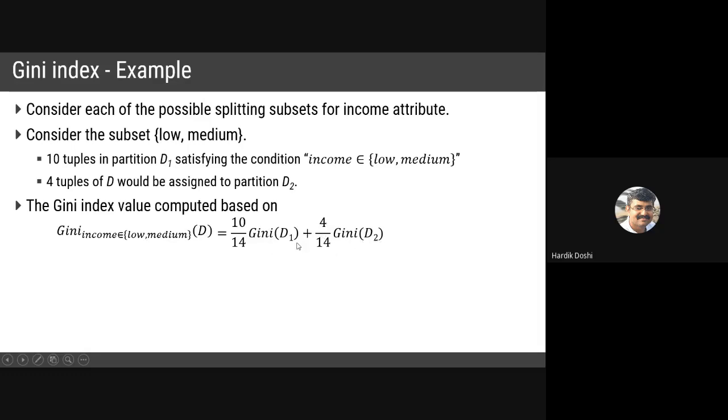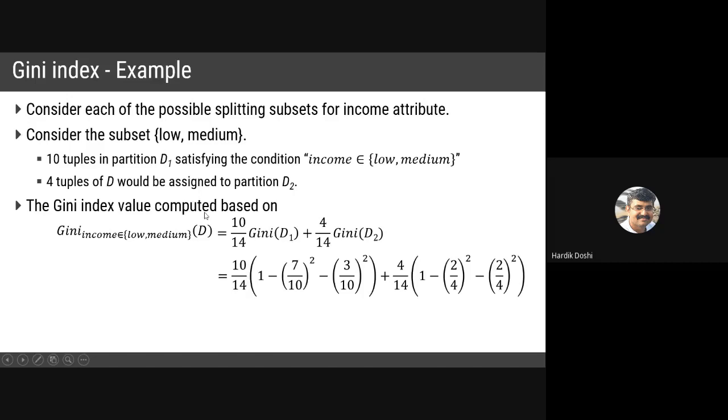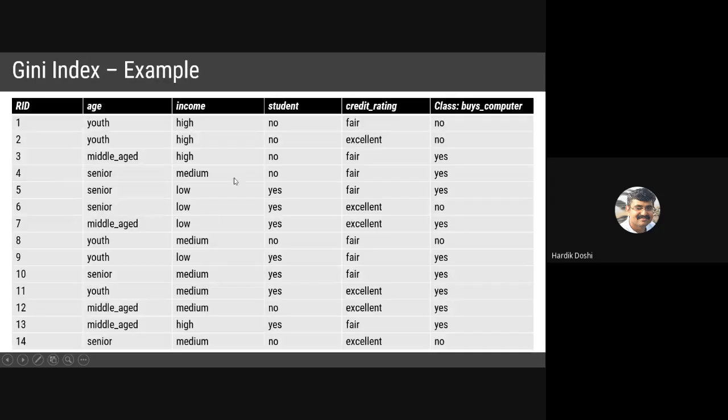Now please tell me, what will be the formula for Gini of D1? Gini of D1 means for low and medium. How many records are there? 10 records. For that we want to compute Gini, meaning buys computer yes and buys computer no. Just check this table for low and medium.